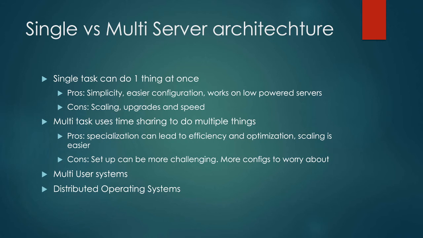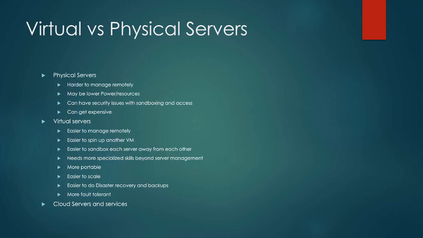Multitask means that the setups and the configs might be more challenging, but we're able to do optimization a little bit better, and scaling is a little bit easier. Scaling is the ability to add on more power as needed.